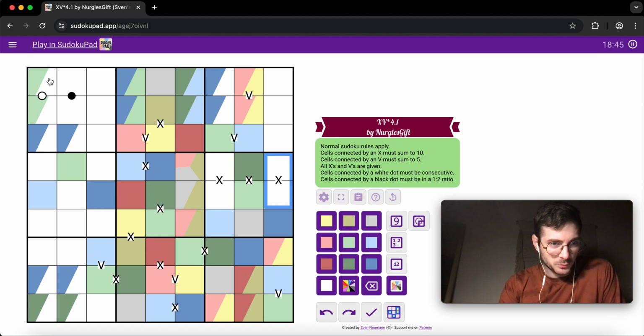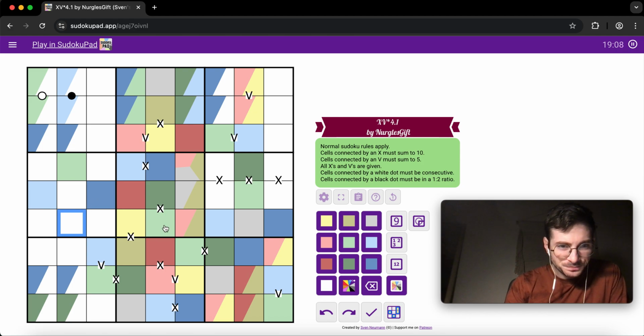And let's think about where light blue could go in this box. It can't go in any of these cells. It's got to be one of these two. But still not helping us very much.